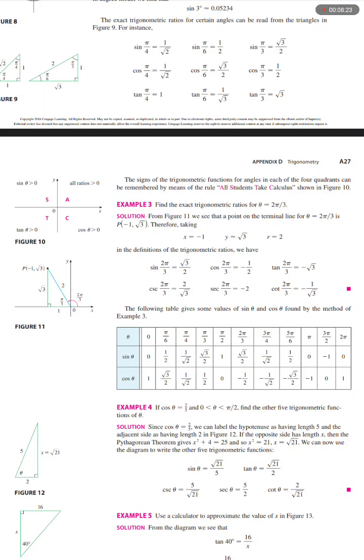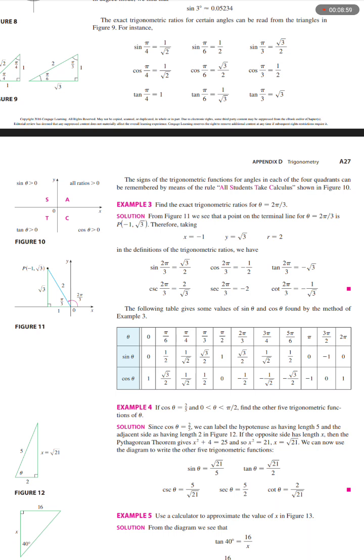The signs of the trigonometric functions for angles in each of the 4 quadrants can be remembered by means of the rule All Students Take Calculus. Shown in figure 10. Sidebar, figure 10. Top right quadrant, A, all ratios greater than 0.